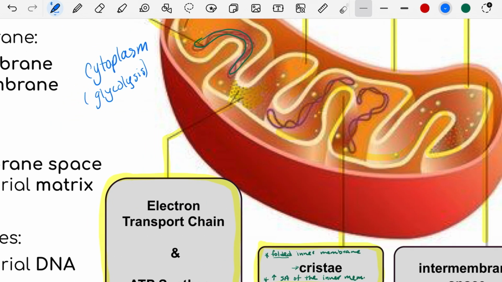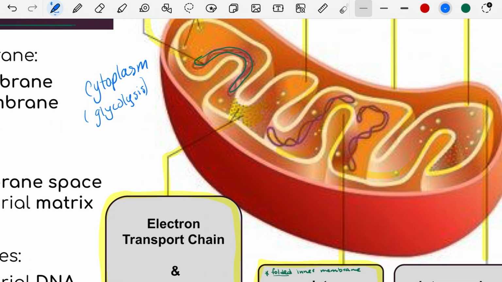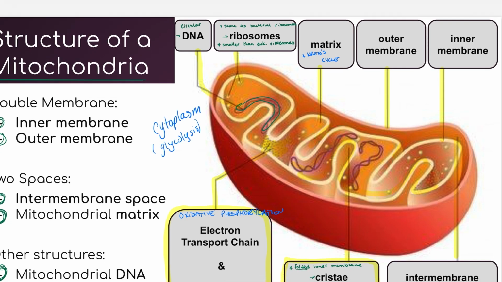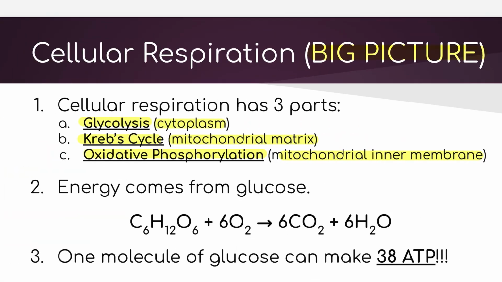And then, like I said, in the inner membrane is where we have the electron transport and ATP synthase, and this process together is called oxidative phosphorylation. Okay, so you need to know where those occur. And we'll talk more about those in detail in just a minute.